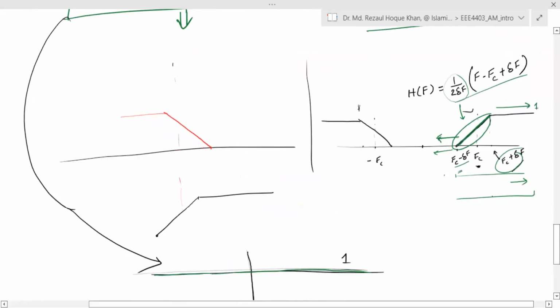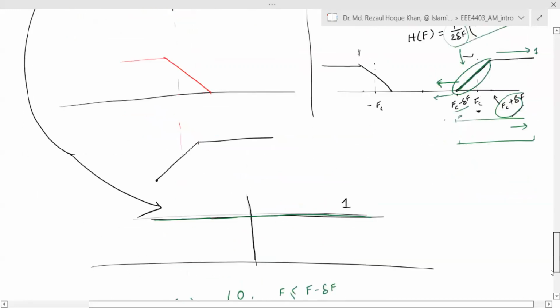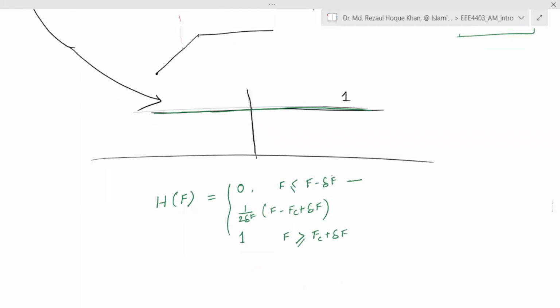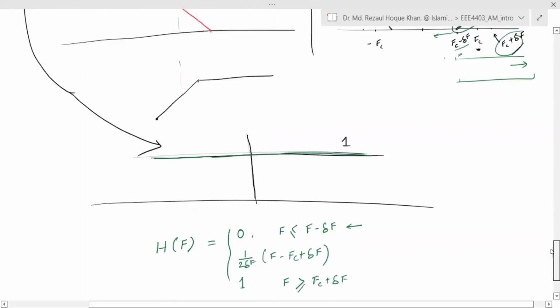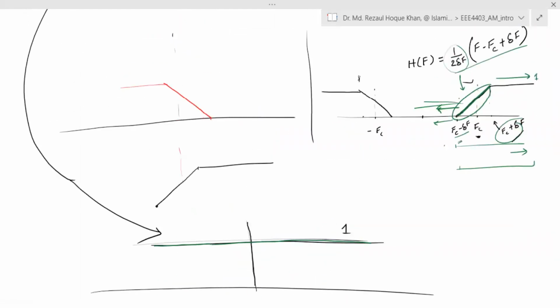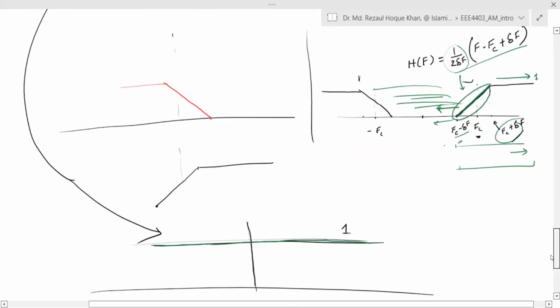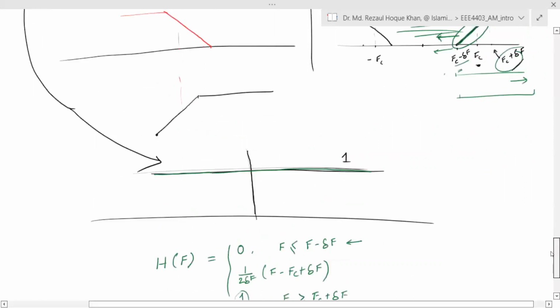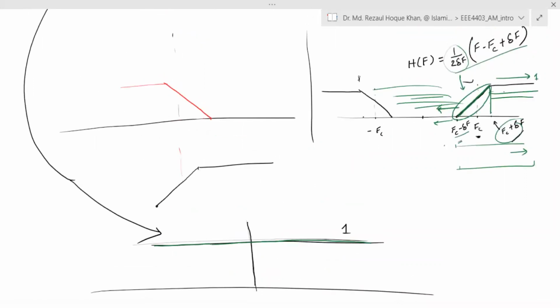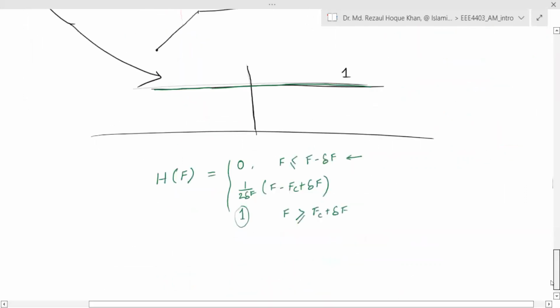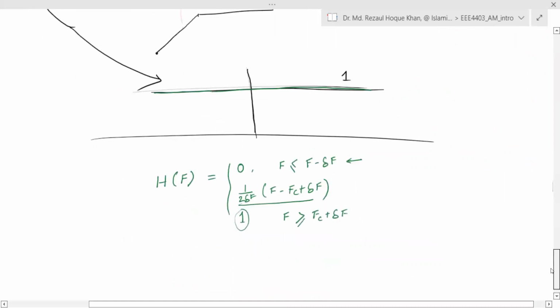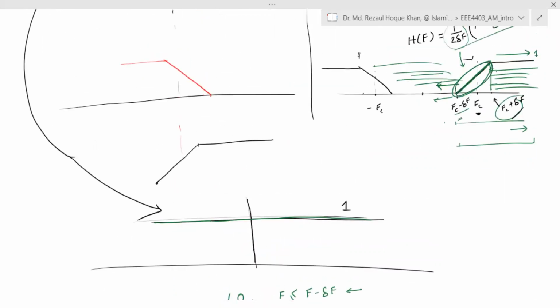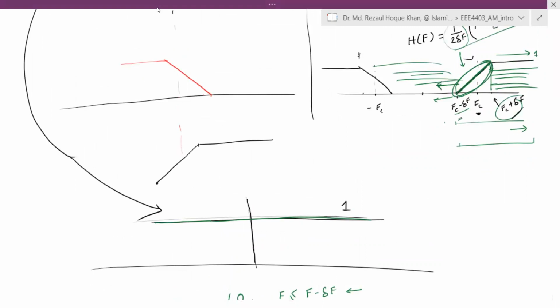So it has 3 regions. Region 0 means anywhere here, no response. Other is 1, anywhere beyond this region is 1. In between is this value. This is the response. That's actually what we found.